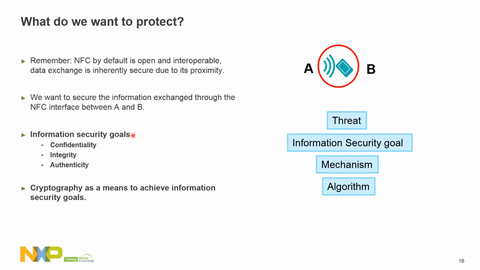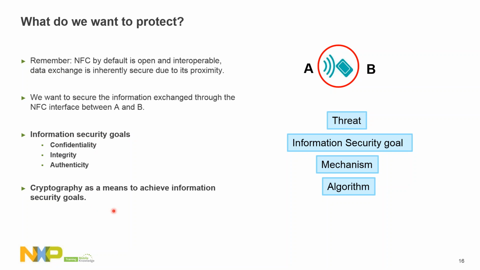Cryptography means, from Greek, hidden writing, and it is a multidisciplinary science that provides us with a set of techniques and mechanisms to achieve those information security goals. And in our computing era, cryptography has become the foundation on which many of the applications we use in our daily lives rely, protecting and ensuring that the digital information we share is secure.